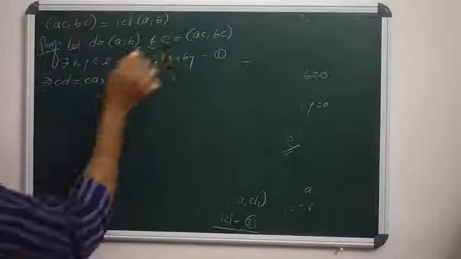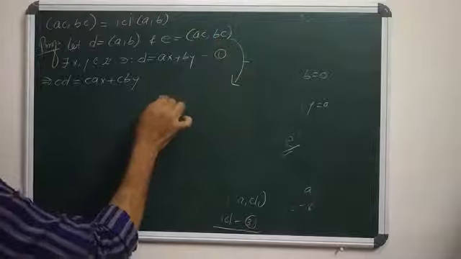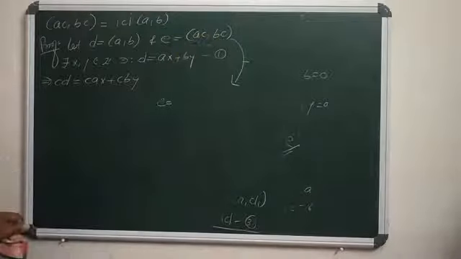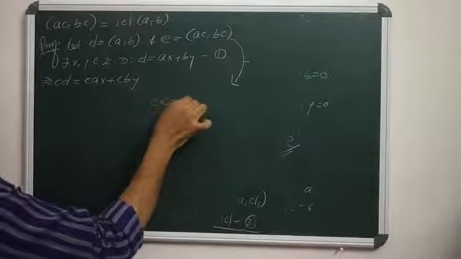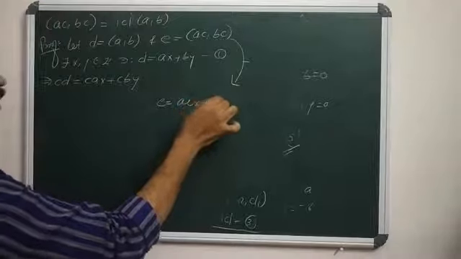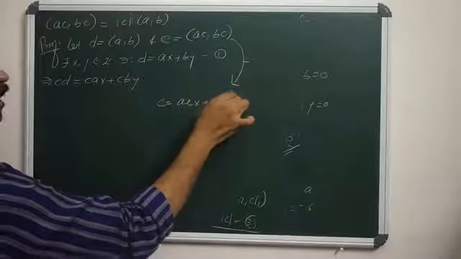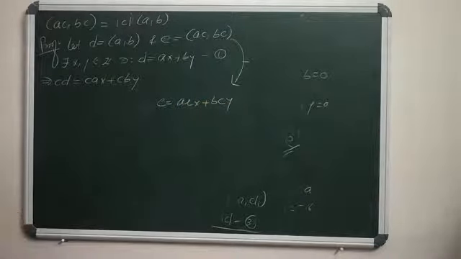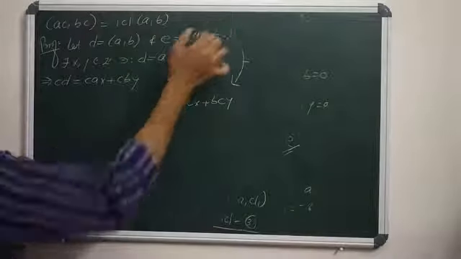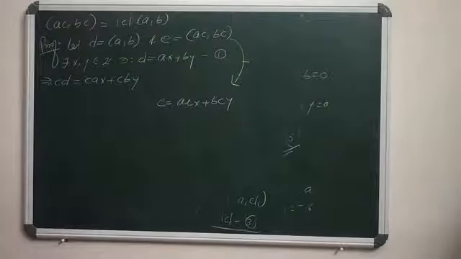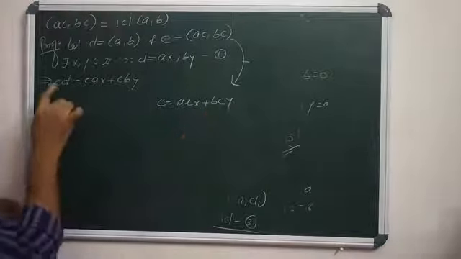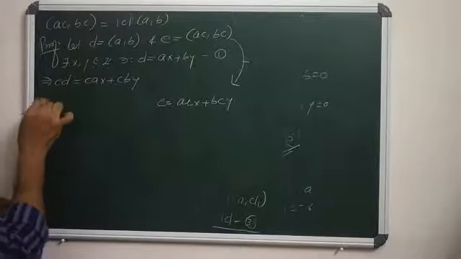But what is E? Again, listen, E equals GCD of AC and BC means there exist two integers X and Y such that E equals ACX plus BCY. Again, E can be expressed as a linear combination of AC and BC. So E equals ACX plus BCY, but CD equals EX plus CBY.